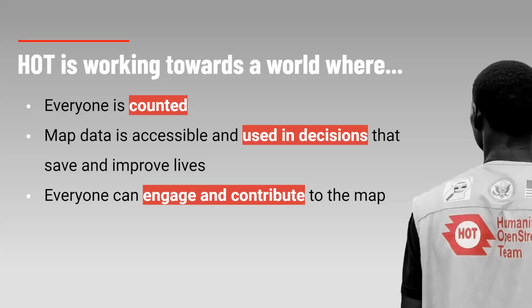And we're also working towards a world where anyone, everywhere can engage and contribute to the map by using openly accessible tools and knowledge to catalyze change through open mapping, working together via a global network.